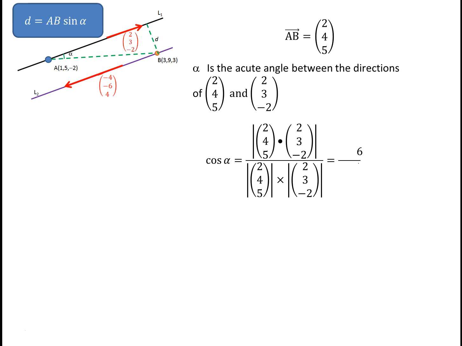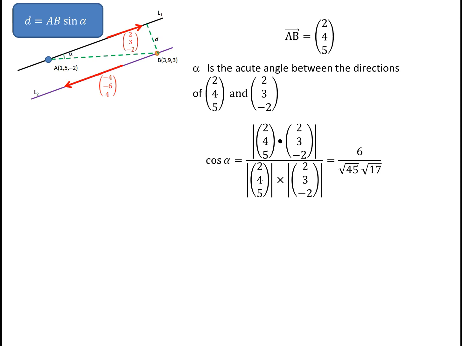The length of the vector (2, 4, 5) is the square root of 2 squared plus 4 squared plus 5 squared, which is root 45. And the length of the vector (2, 3, -2) is the square root of 2 squared plus 3 squared plus minus 2 squared, which is root 17. So cos alpha is equal to 6 divided by root 45 times root 17.